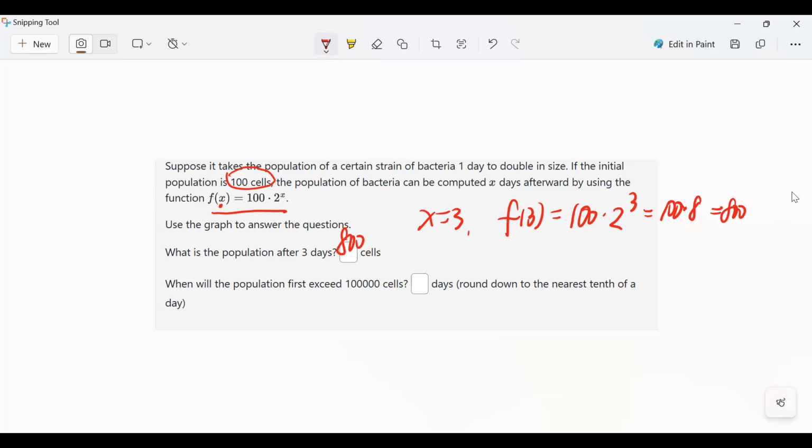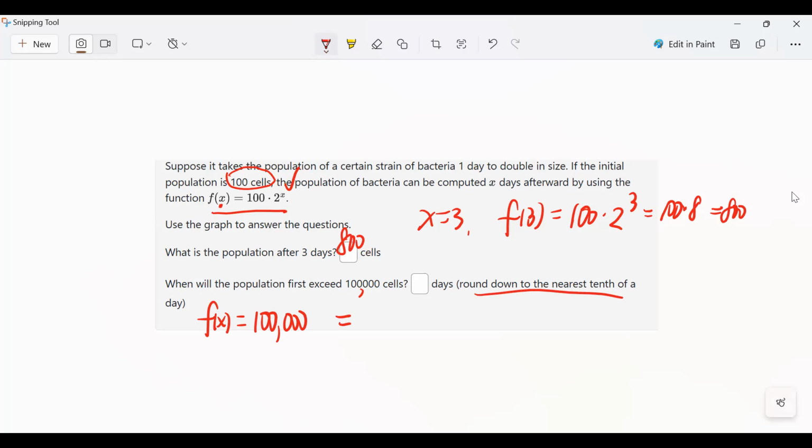When will the population first exceed 100,000? Basically, this means f of x equals 100,000. We want to figure out how many days it takes to reach that. We're going to round to the nearest tenth of a day.